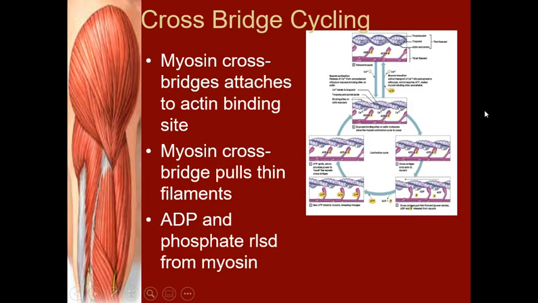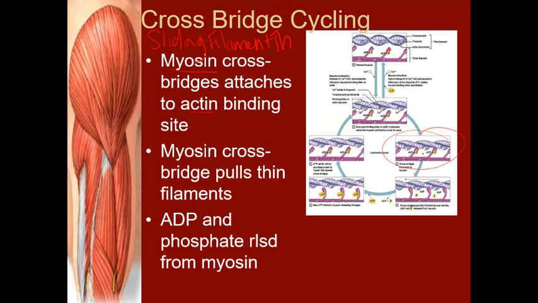All right, so more cross-bridge cycling. Remember, this is the sliding filament theory that we're describing. Don't forget that term. Sliding filament theory. Okay, all right. So myosin cross bridges. That's the myosin head, cross bridge when it's attached. That's happening right in here, cross bridge. Attached to the actin.